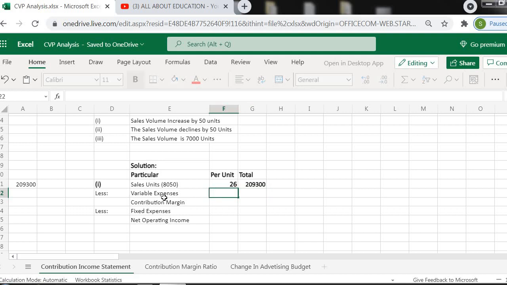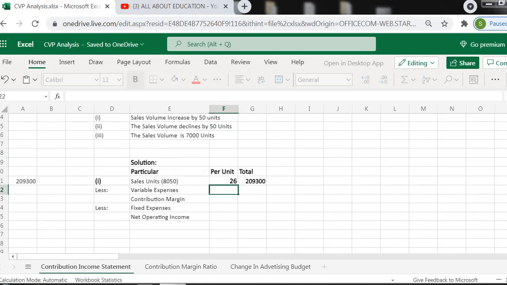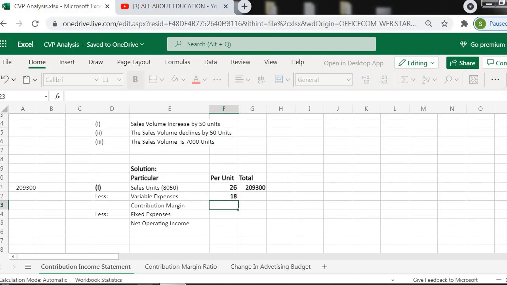Less variable expenses. Variable expenses per unit cost is 18. To calculate total variable expenses, we have to multiply the units, 8050, by 18, which is per unit cost of variable expenses.